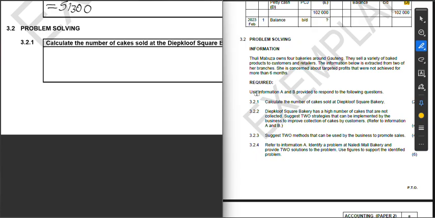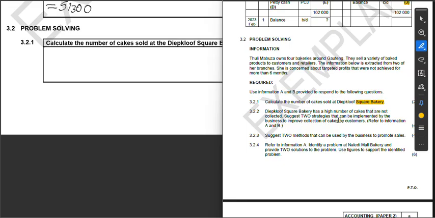Alright, so what are we required to do? We're supposed to calculate the number of cakes sold at Diepkloof Square Bakery. Note, very important. Okay, and it says here 3.2.2 Diepkloof Square Bakery has a high number of cakes that are not collected.